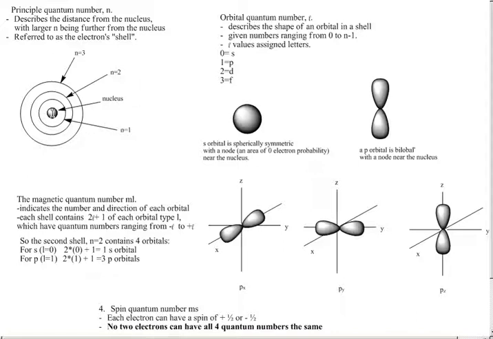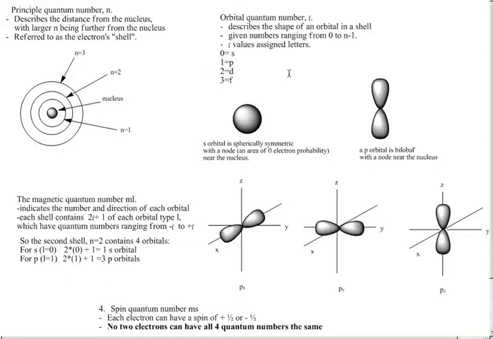In this diagram, this is the nucleus in the middle, and the n equals 1 shell, where n is the symbol for the principal quantum number, is the closest to the nucleus. N equals 2 is further away, n equals 3 is further away, and so on. In general, the further away an electron is from the nucleus, in other words, the higher its principal quantum number, the higher in energy it is.